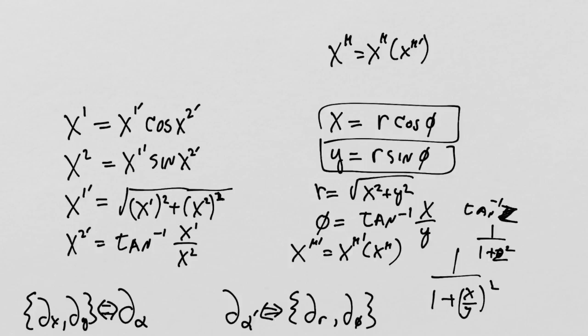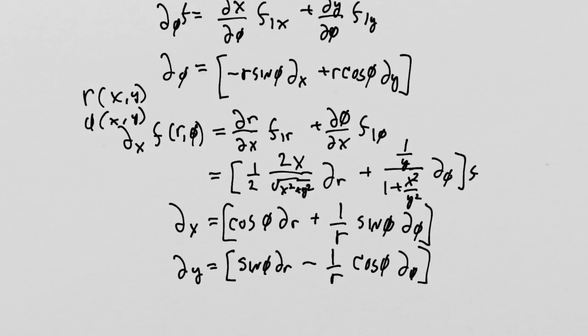So in this case, z is x over y. So that derivative is going to be 1 over 1 plus x over y squared, times the derivative of x over y. This was the derivative with respect to x, so it's going to be 1 over y. That's the 1 over y up there. That comes from the chain rule.